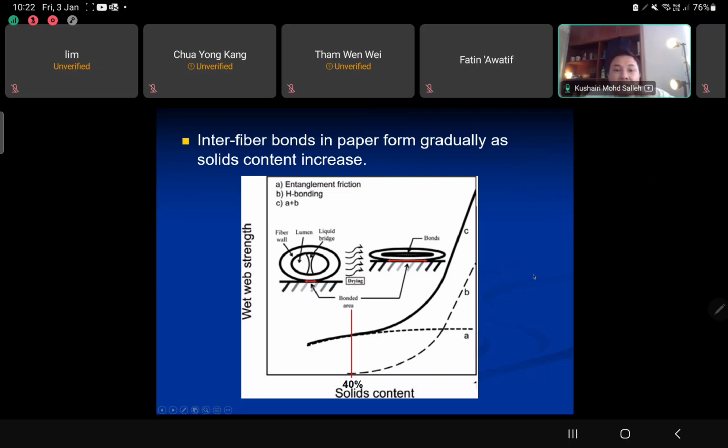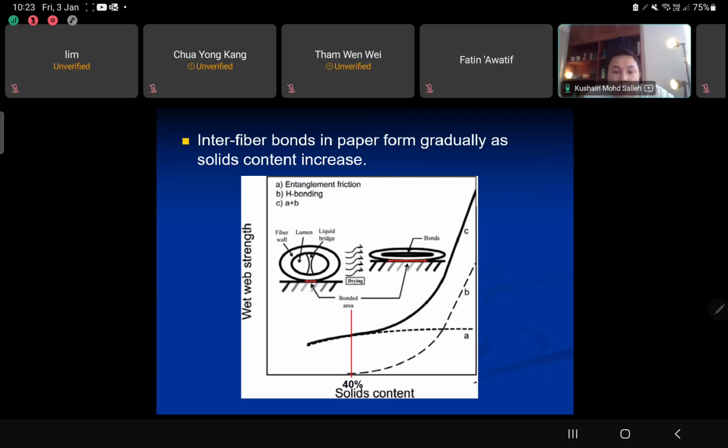When the surface tension is increased because of the reduction of water, the fiber wall structure will collapse. Actually, not collapse. Basically, they are becoming closer to one another because there is a formation of the interfiber bonds. This is what we call interfiber bonds.